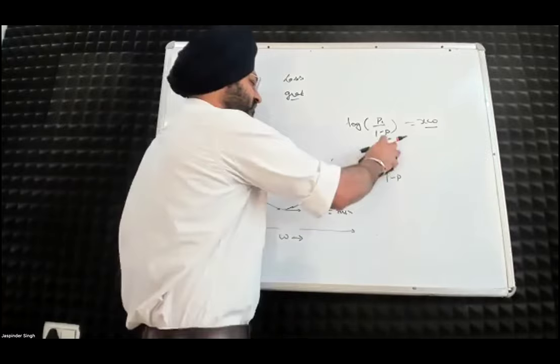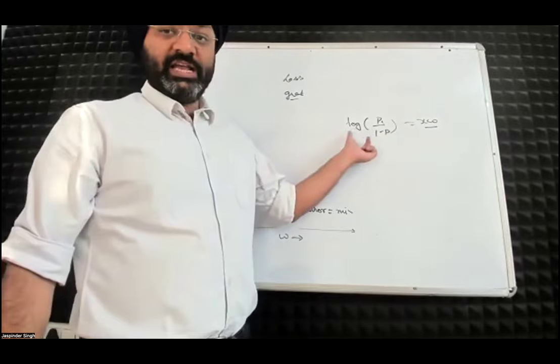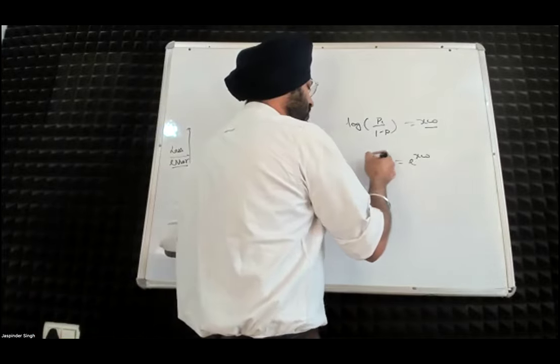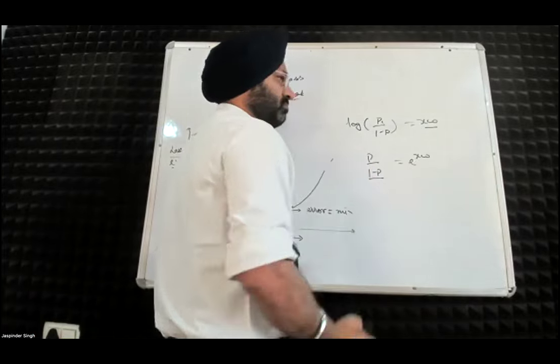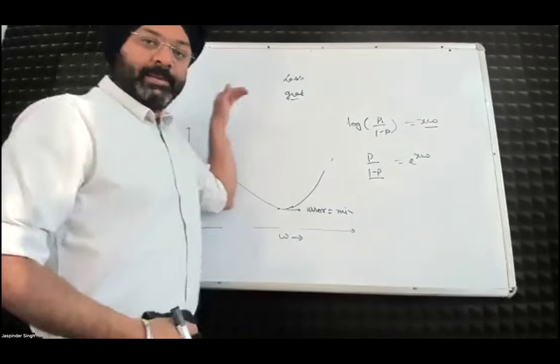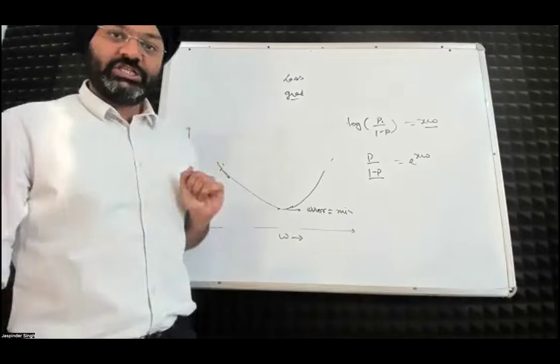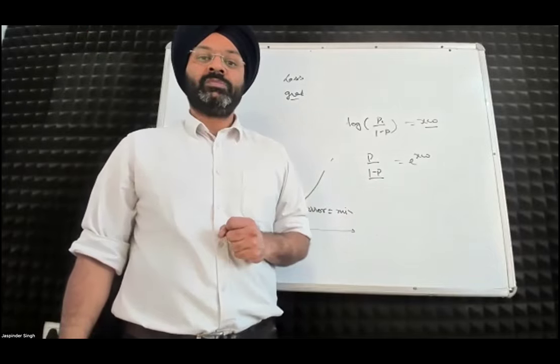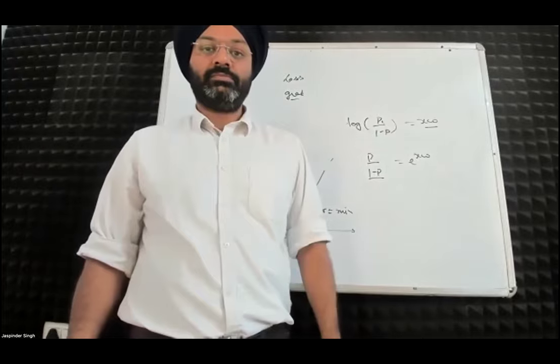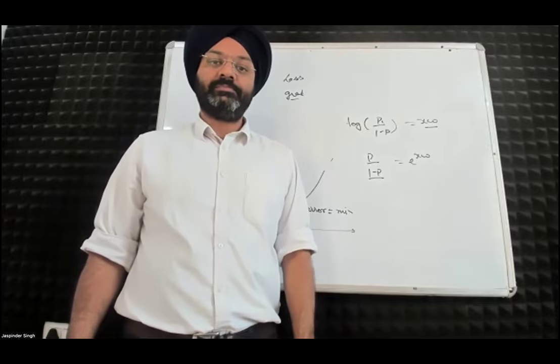And when we further take the exponent on the other side, that is e raised to XW equals P over 1 minus P. I need to find out, at a particular sample in my X matrix, what is the probability of something happening. My prediction is the probability of something happening.